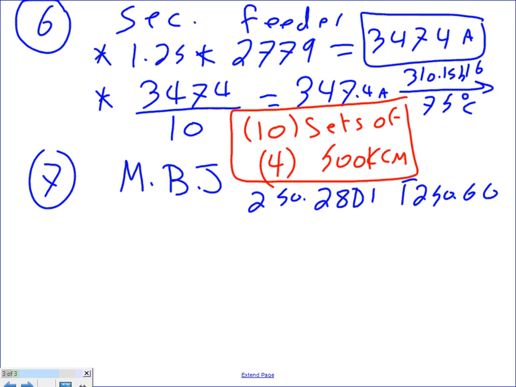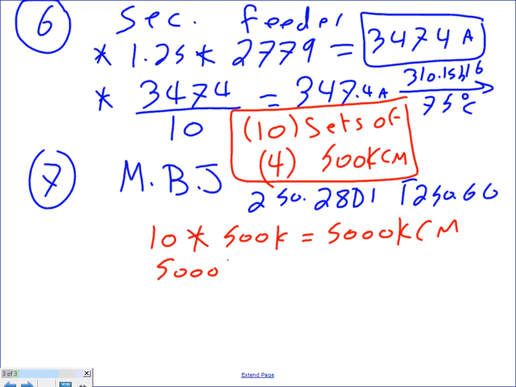If you remember how they do it based on these two articles, they take the 10 and multiply them by 500. That will give me 5000, 5000 kcmil. Of course, this is 500 kcmil, larger than 1100 kcmil, right?